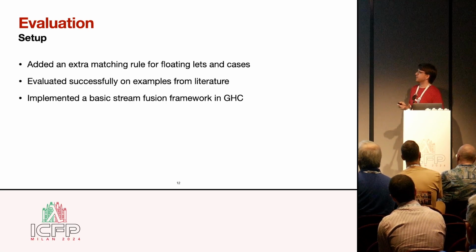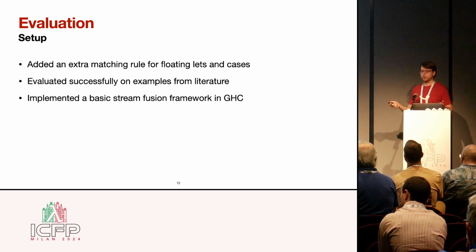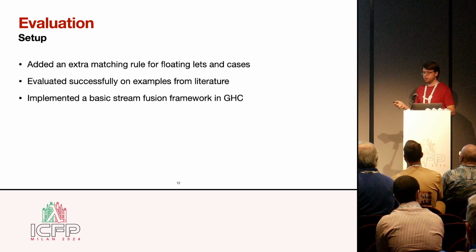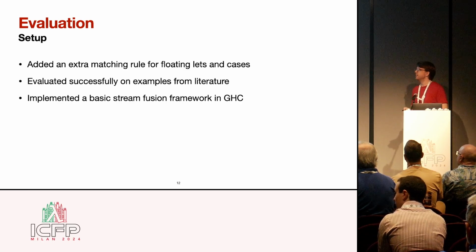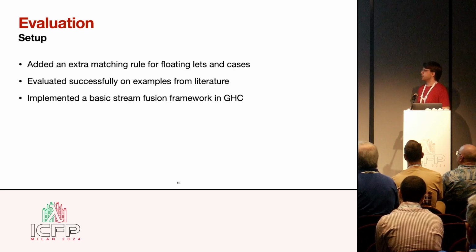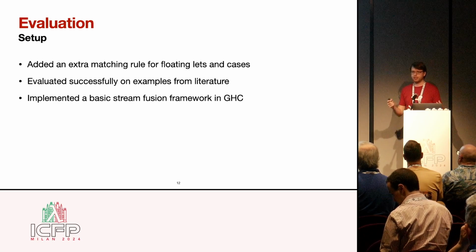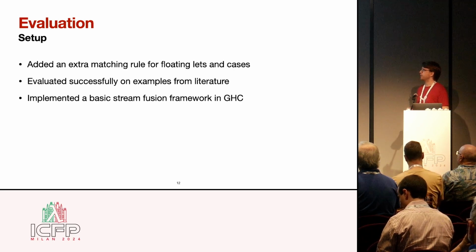So with this extra change, the new higher order pattern rule for stream fusion can be applied to examples from the literature, which works. But of course, the real test is to implement a stream fusion framework in GHC, and that's what I did, at least a basic version, replacing GHC's existing fusion mechanism with a new stream fusion mechanism.